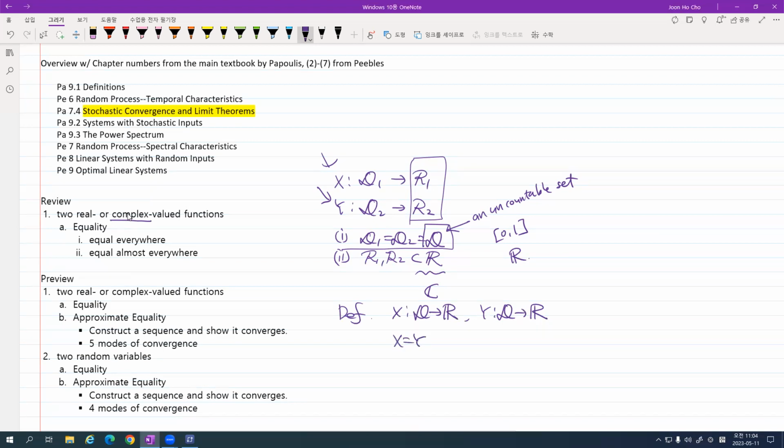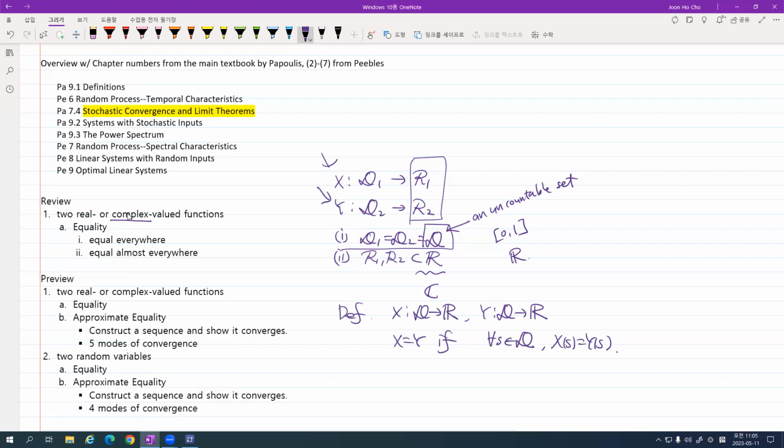x equals y if blah blah blah. Here, if is the if and only if in the definition. In a definition, if you say if, it's an if and only if. If what? First, for every s in the domain, you have the same value.